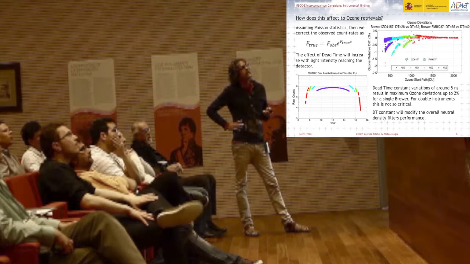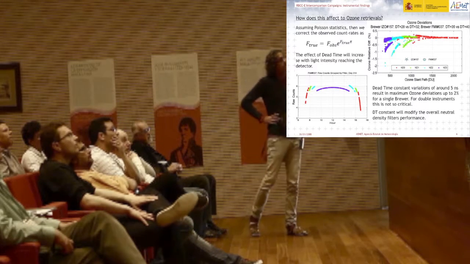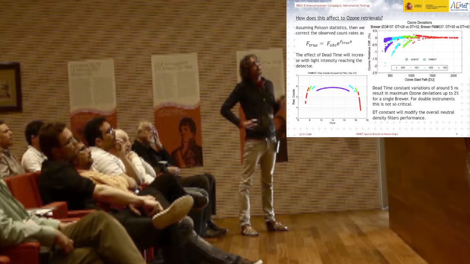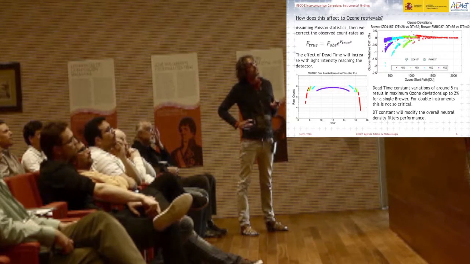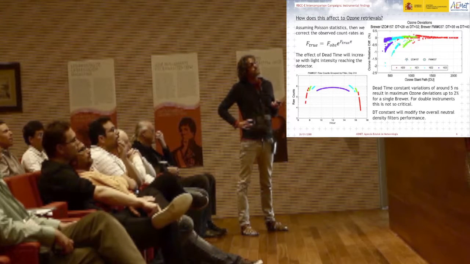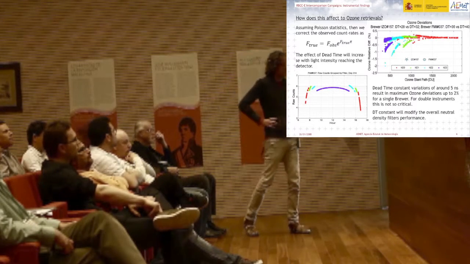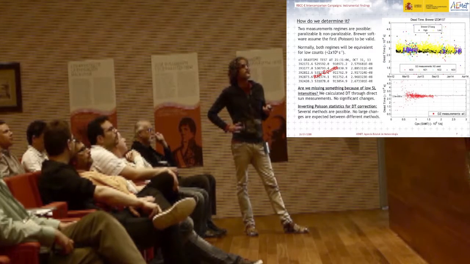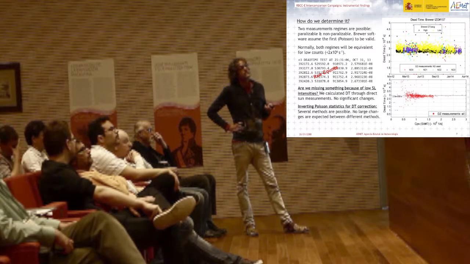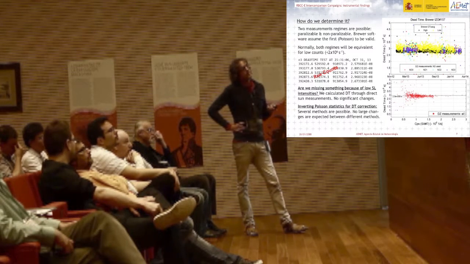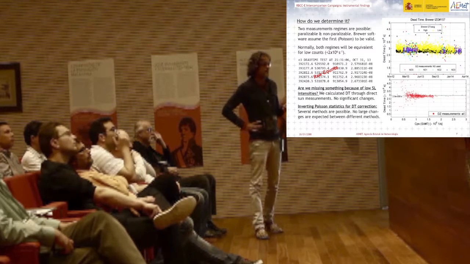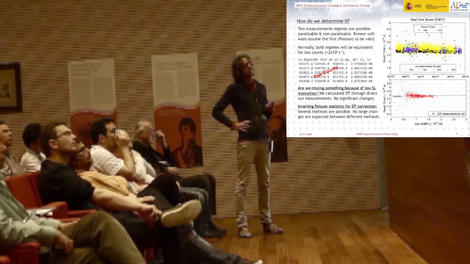And the Brewer calculates the dead time from the standard lamp, the internal halogen lamp. Maybe we are missing something because of low standard lamp intensities. So that's why we wanted to test if, by increasing the light intensity, we will get different results or not.